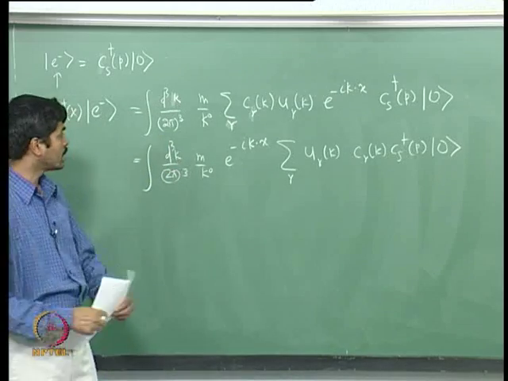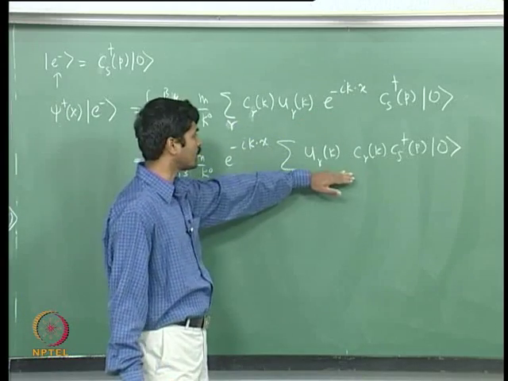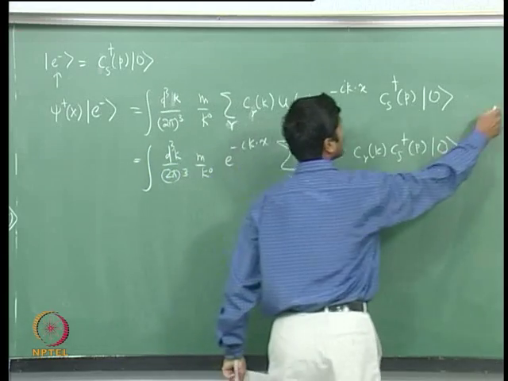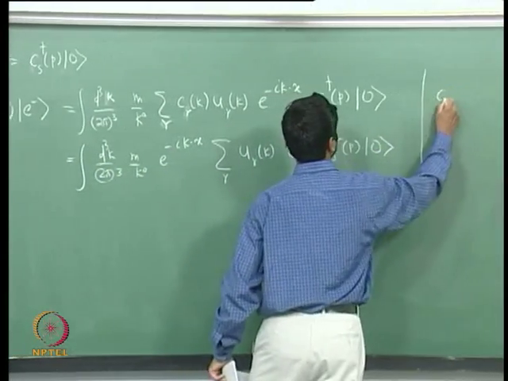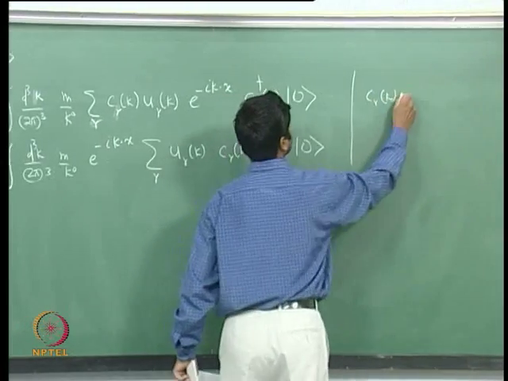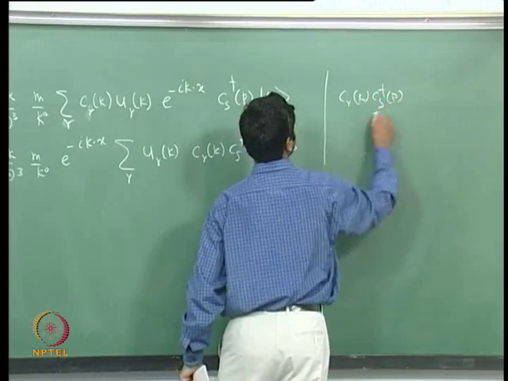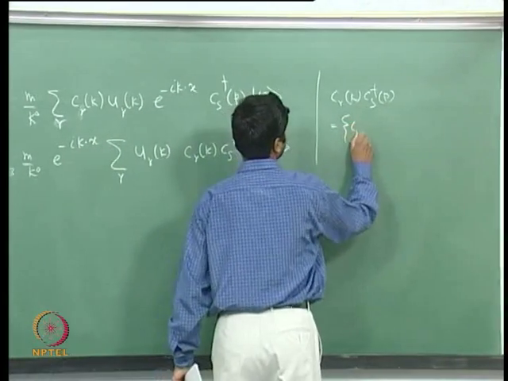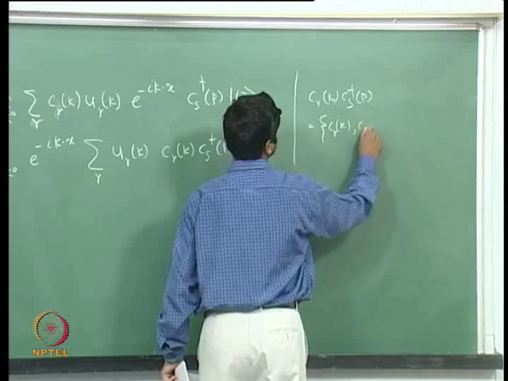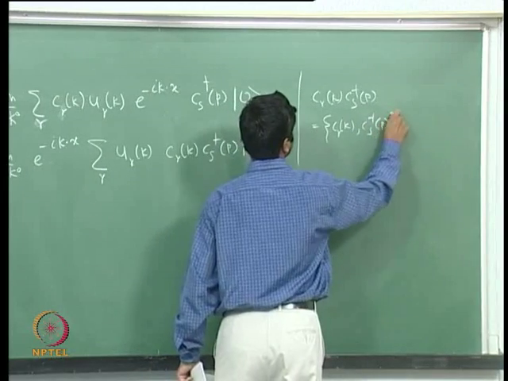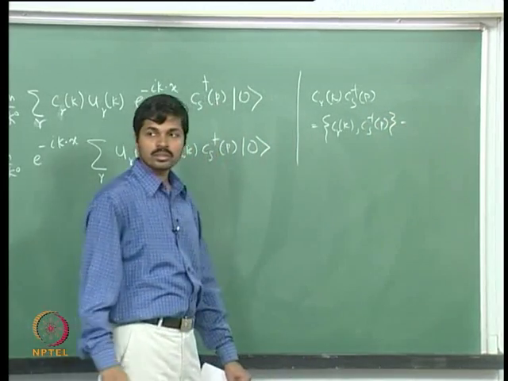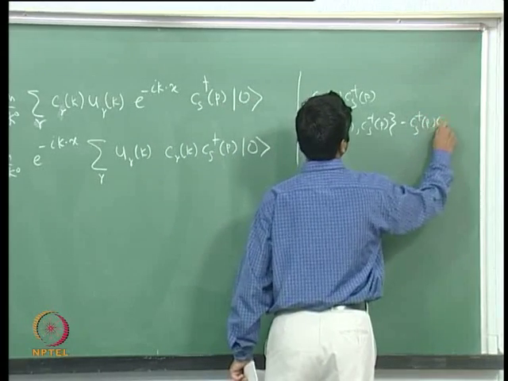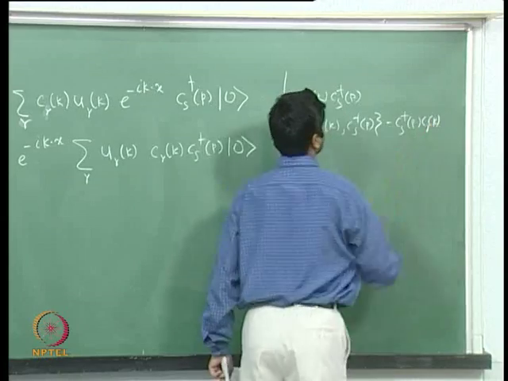I just rearranged the terms in this expression. Now, what I will do is take this term here, c r k c s dagger of p. I can rewrite it as the anticommutator of c r k and c s dagger p, minus c s dagger p c r k.